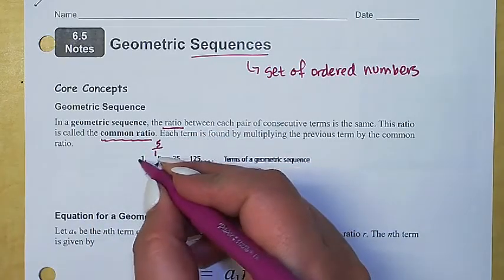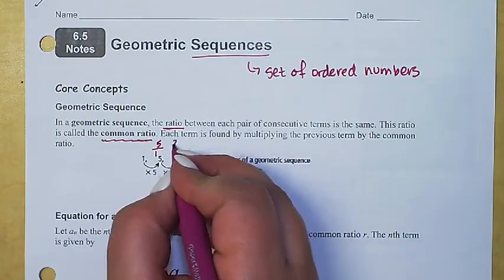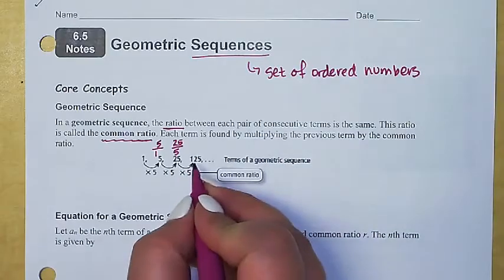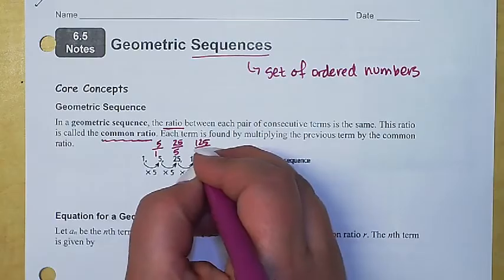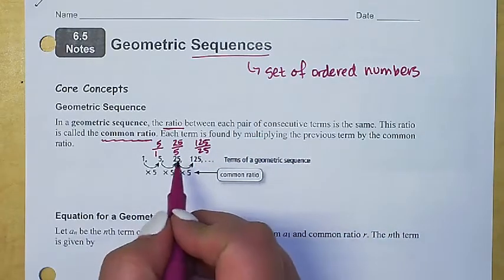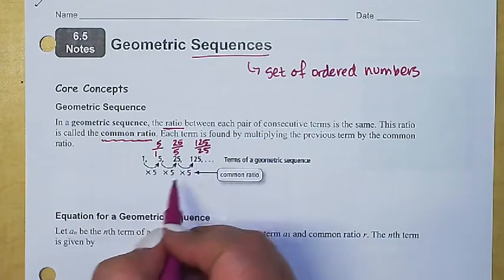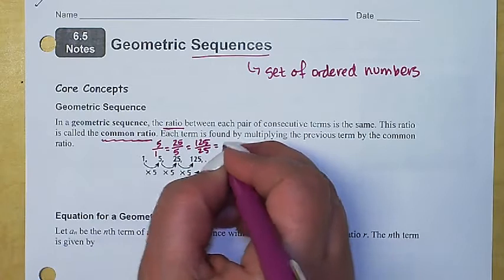Right here, 5 divided by 1, we should get the same answer as if we do, for example, 25 divided by 5. Well, that's still equal to 5. Or if we do 125 divided by 25, every time we divide new by previous, we get the same answer, which is 5. All of these equal 5.